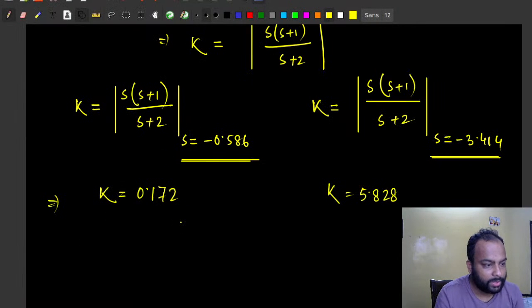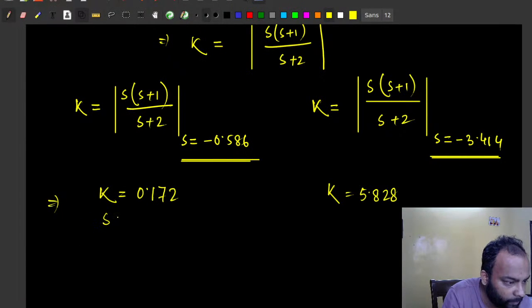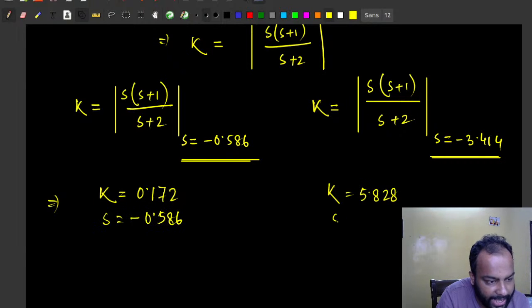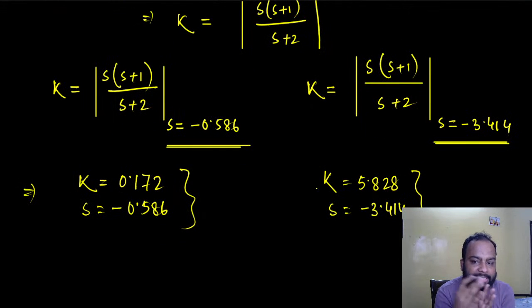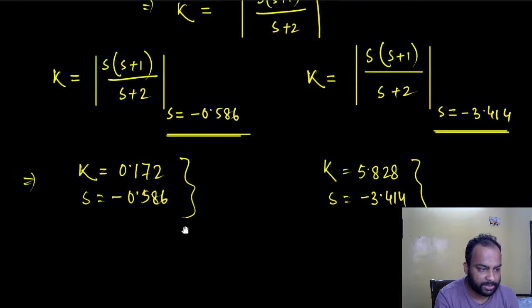All right. So here s is equal to minus 0.586, and here s is equal to minus 3.414. Now, which one of these do you think happens first? The idea is that I am increasing the value of gain k starting from 0 and going up to infinity. So which one of these happens first?